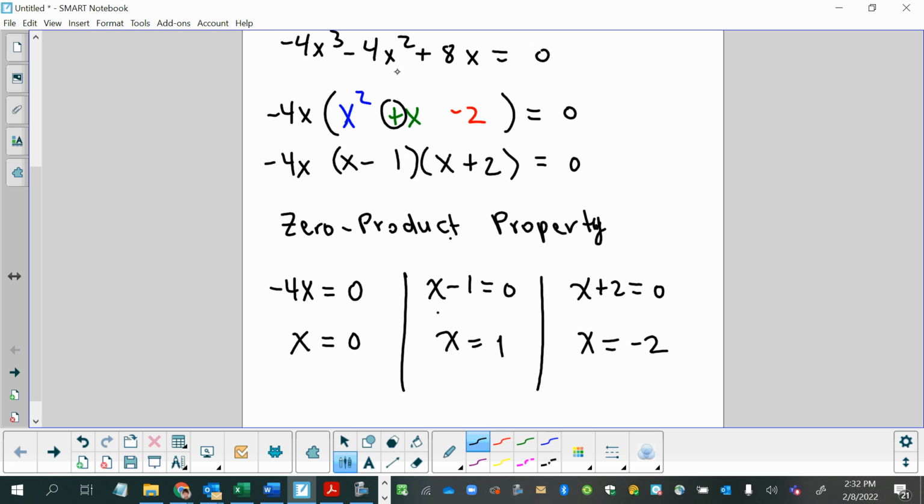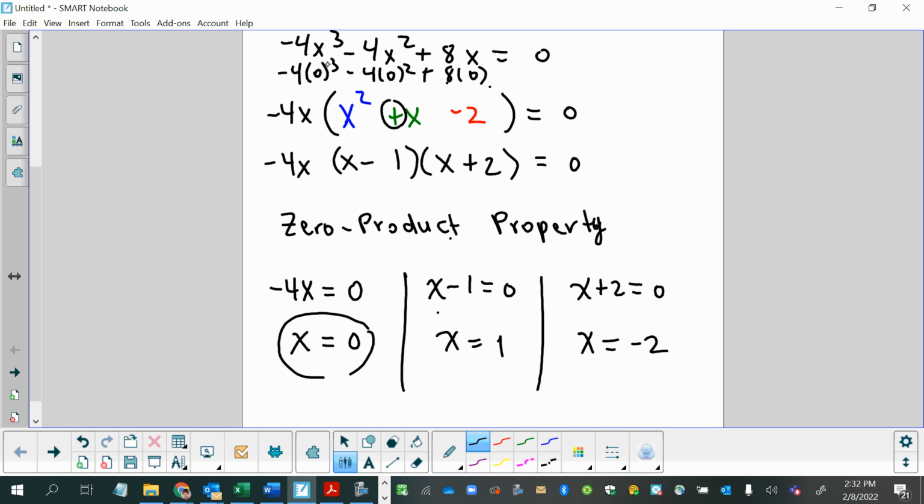And you should try each one of them before you submit your answers. Go back in and replace the x with each value individually, one at a time. So I might start by checking this one first. Just imagine if I changed all my x's to zeros. Negative 4 times 0 cubed minus 4 times 0 squared plus 8 times 0. What is that going to give me?